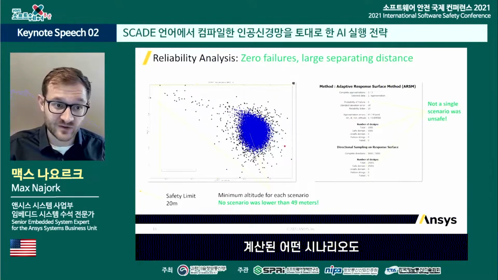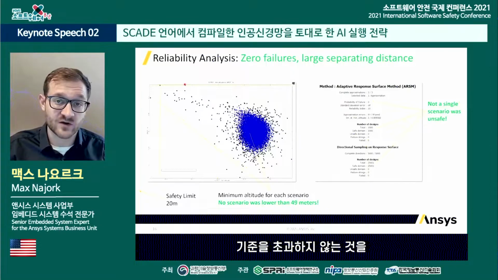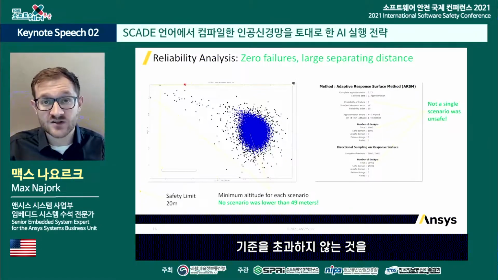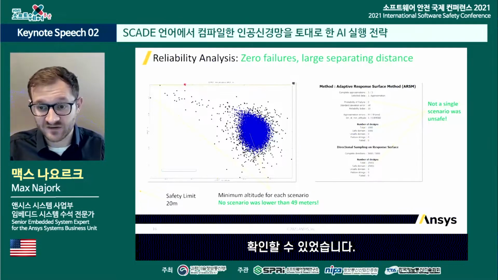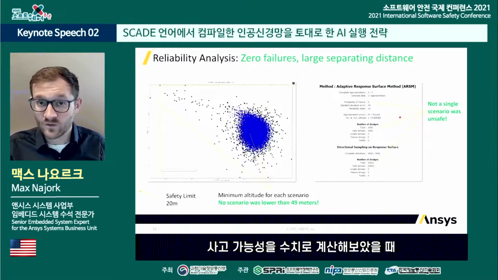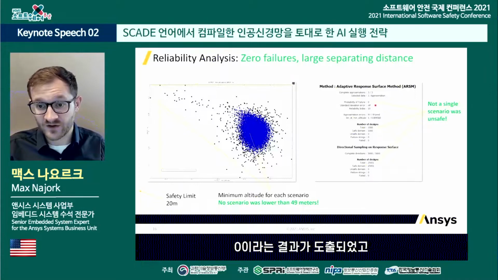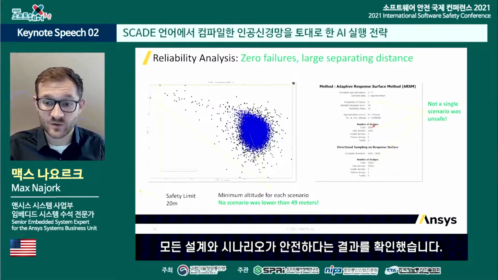And we can see from the results that none of the scenarios that has been computed actually violated this safety limit. Now, clearly, when we compute the failure probability, we achieve a probability of failure of 0, as we had only safe designs or safe scenarios.